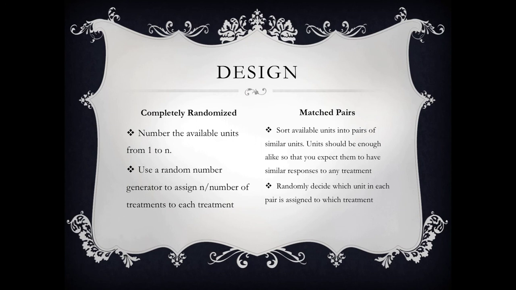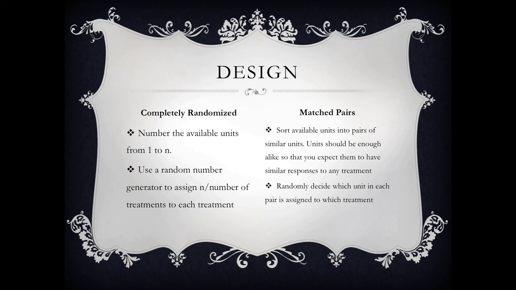Another possible design is a matched pairs design. In matched pairs, the first thing you do is sort your available units or subjects into pairs of similar units. For example, you might match them based off of gender and what they weigh now. Units should be enough alike so that you expect them to have similar responses to any treatment.